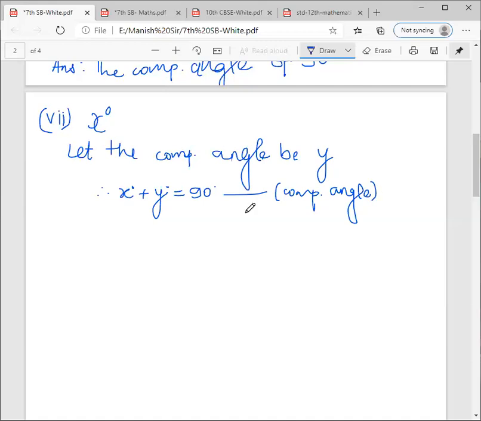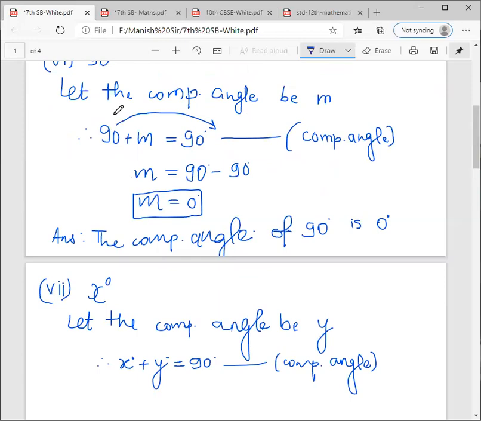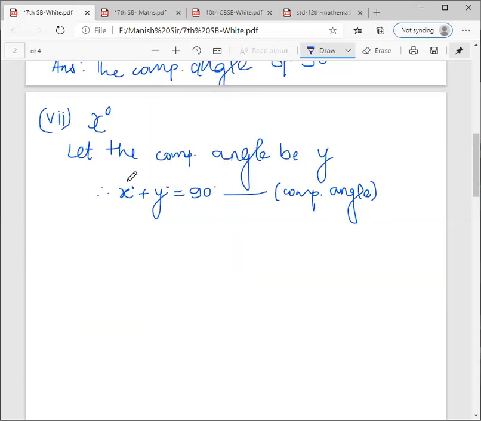See, they have given x degree. As we have done in the previous example, we take 90 to the right hand side. In the same manner, here we will take x to the right hand side. So we get y degree equal to 90 minus x.